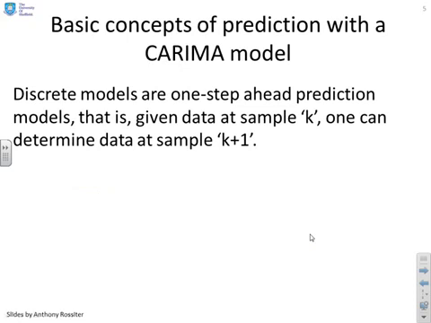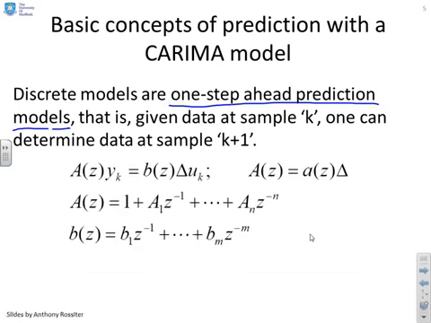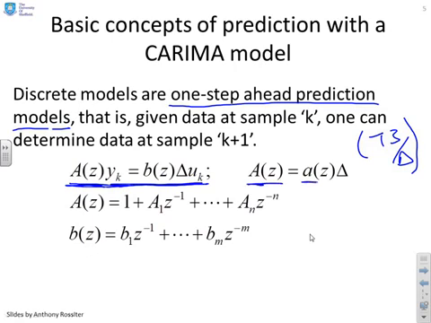Now, discrete models are usually equivalent to one step ahead prediction models if you write them in difference equation form. So we can predict sample k+1 given sample k. If we take our CARIMA model, and for now I'm ignoring the T zeta over delta term, it doesn't actually make much difference, then you'll see A y = B delta u, where capital A is given by a delta.